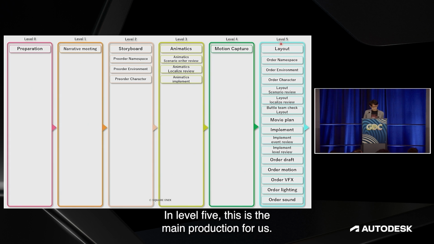In level 5, this is the main production of us. The data captured by motion capture is implemented here and we set up the camera. Then once the layout is OK, we start the implementation. After that, we send requests to the motion team, VFX team, lighting team, and sound team.